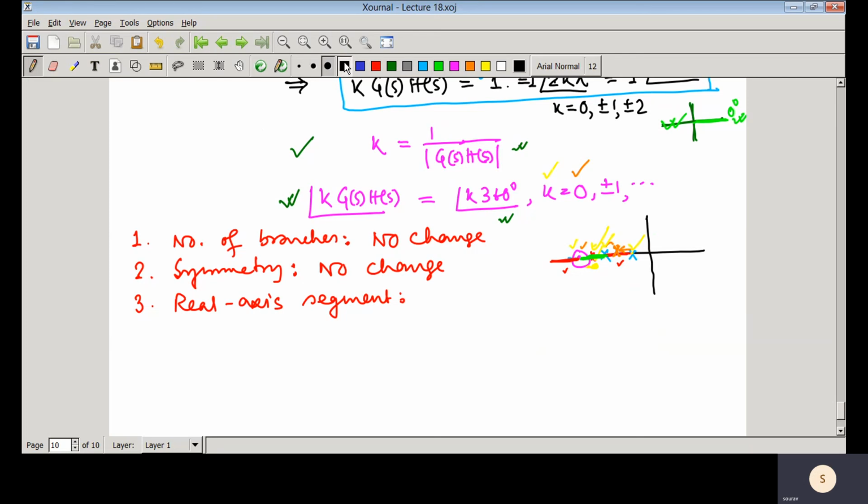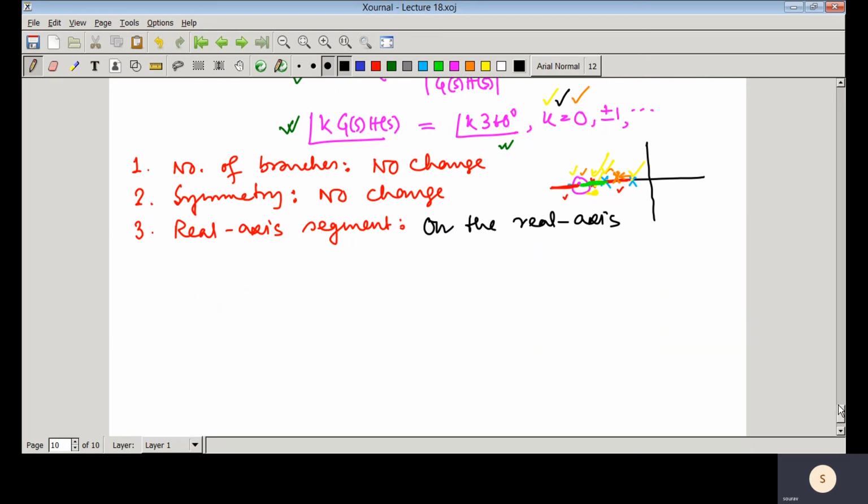So let us write that on the real axis. It is very clear that if you just consider this angle criterion, and apply the same concept that we have discussed in case of negative feedback, it is easy for you to find which segments would be the part of root locus. The root locus exists to the left of an even number of real axis finite open loop poles and/or finite open loop zeros.